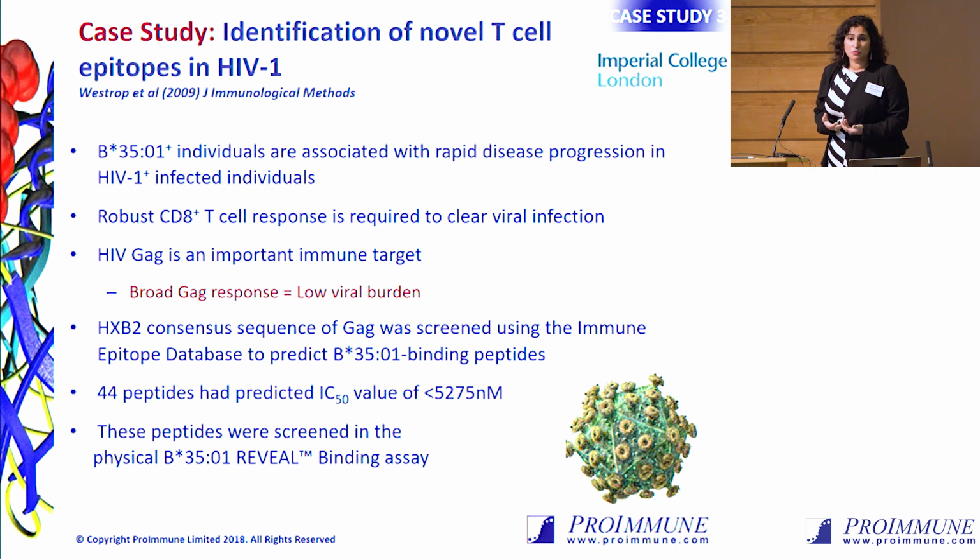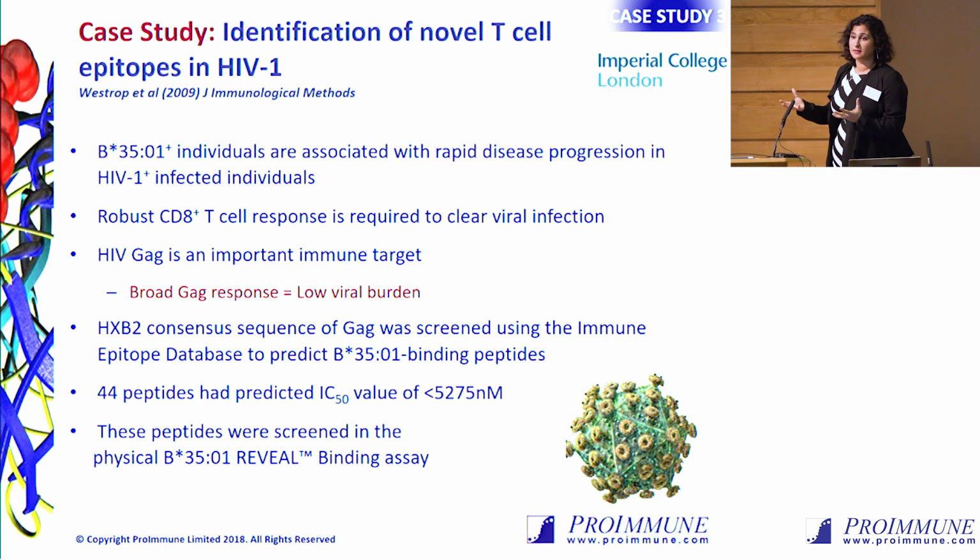They needed to be able to monitor responses to HIV in the case of those B35 positive individuals, but they needed to identify which epitopes were binding and were restricted to B35 from an HIV protein GAG.